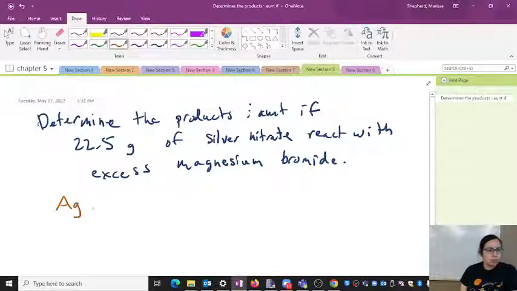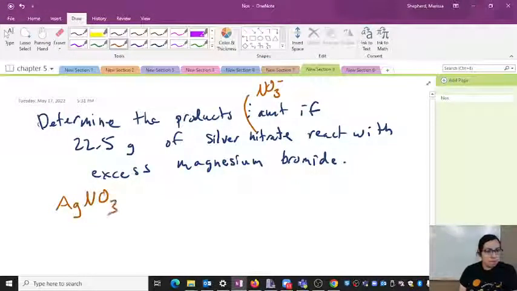So silver's Ag, and then one nitrate. Nitrate though, do you remember what nitrate is? Because you might be thinking of nitride. Is it a polyatomic? Yeah, nitrate is one of those polyatomic ions. So you said NO3, right? NO3 with our -1 charge. So there's our silver nitrate written.